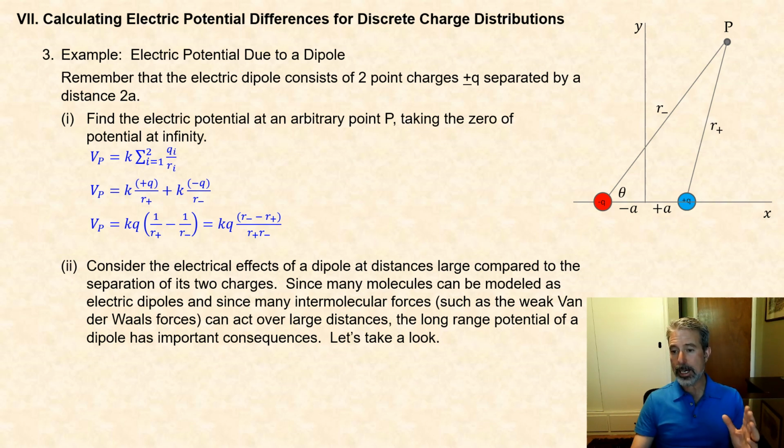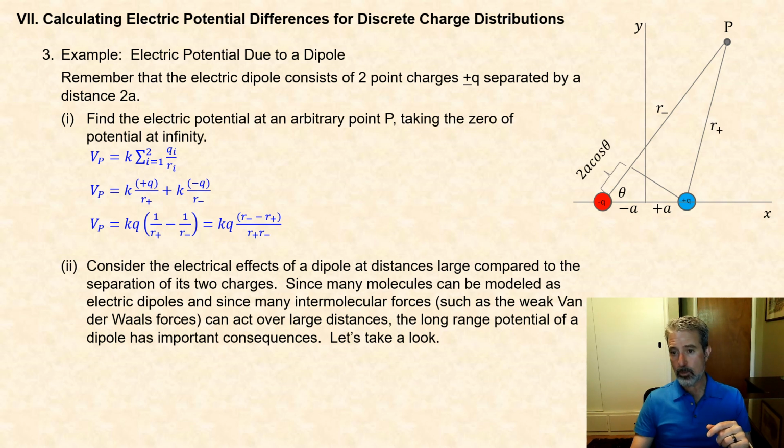As long as you can get a charge separation from one side of the molecule to the other, which is quite common, you can treat that charge configuration as a dipole. So here in this part, we're asked to find the long-range potential of a dipole, and come up with an expression for that.